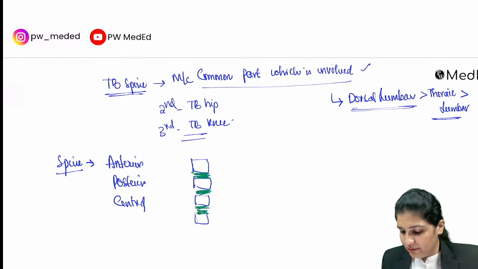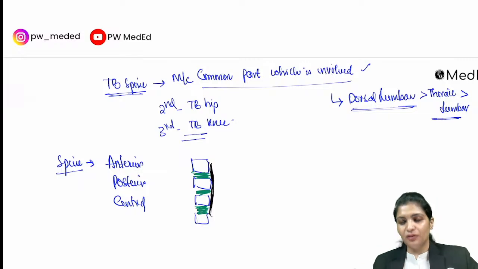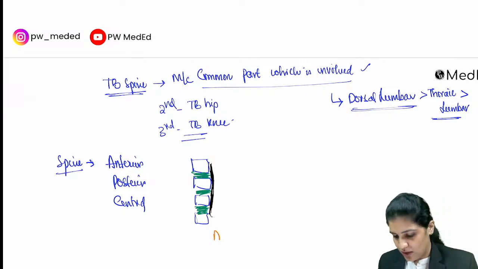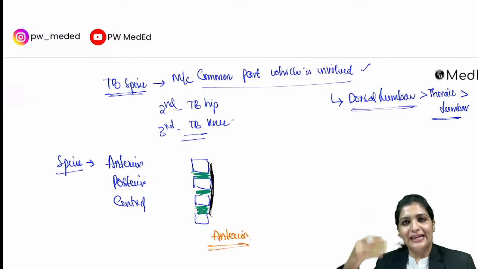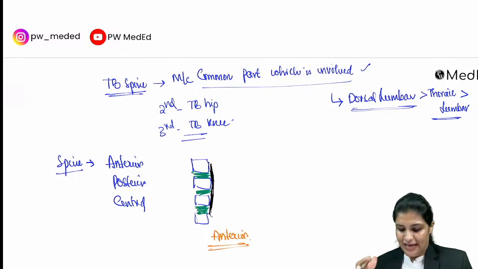If the TB is on the anterior aspect, it usually presents as a cold abscess. This cold abscess will pass along the anterior longitudinal ligament on the anterior aspect, and hence this tuberculosis is called the anterior type. So whenever you see on MRI a fluid collection over the anterior aspect, or the ALL or the anterior part of the vertebrae is involved, then it is the anterior type.